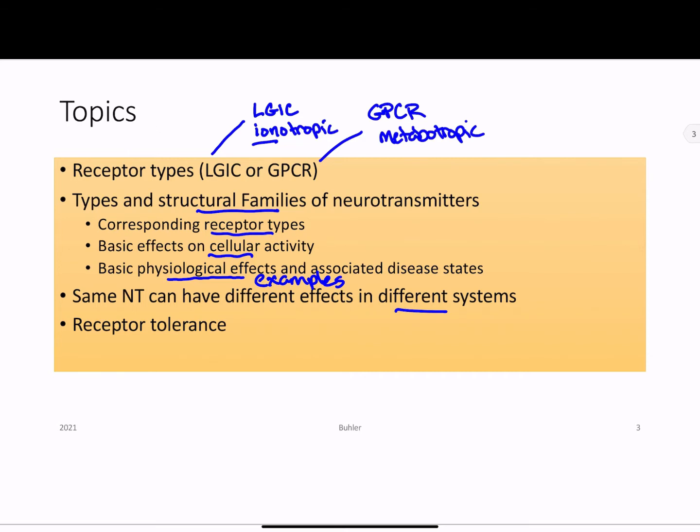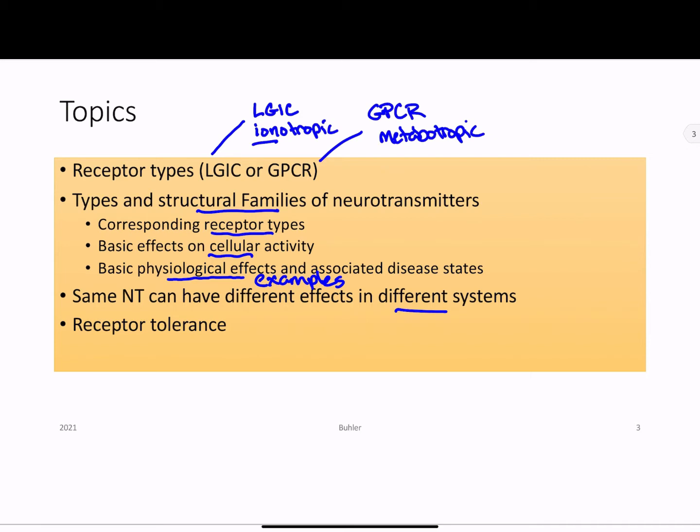But then we might go to a different disease state in a different brain region, and we're still talking about a dopamine neuron, but it's modulated very differently. So I want to make sure that you recognize that while we're talking about these neurotransmitters almost as if they're always going to have the same effect everywhere they go, that's not in reality the case.